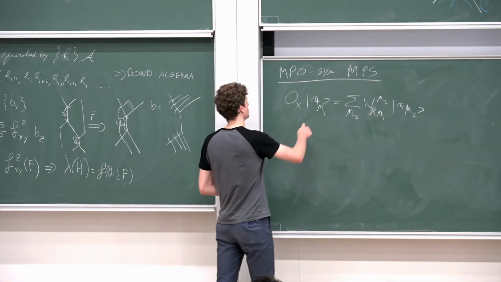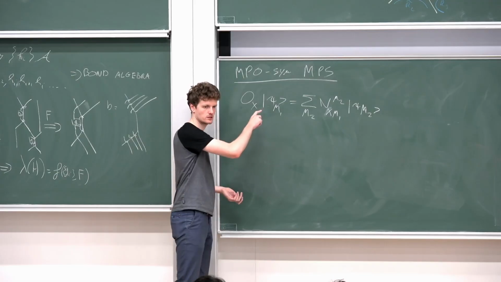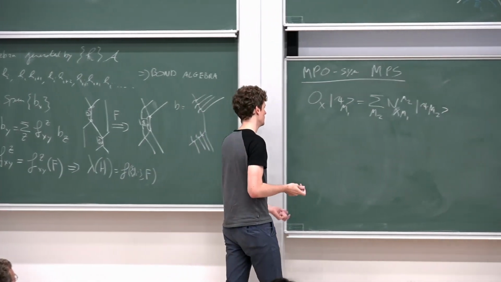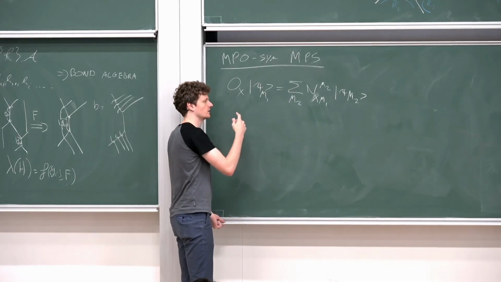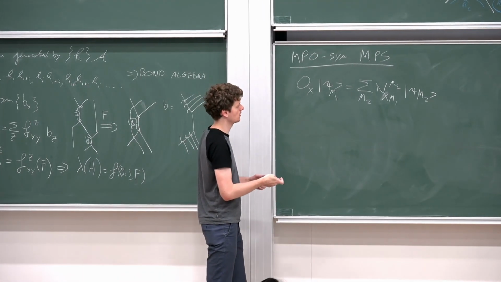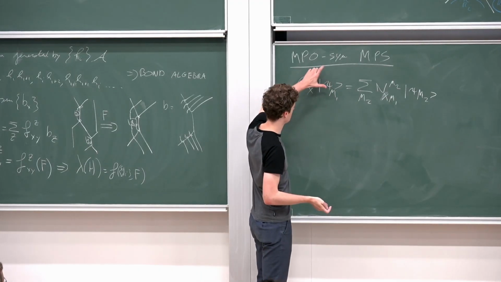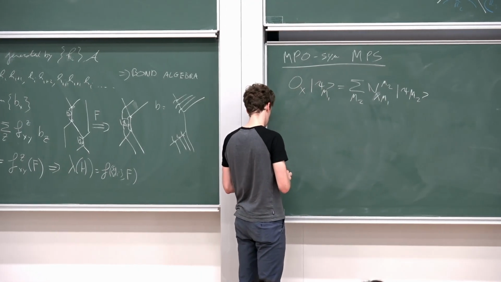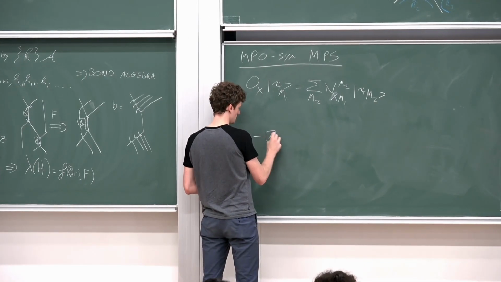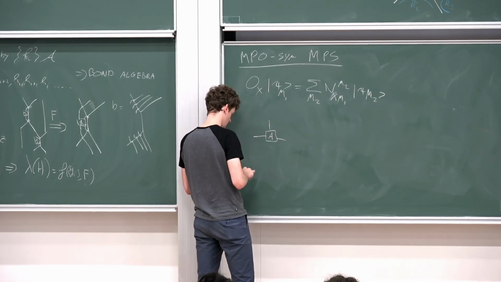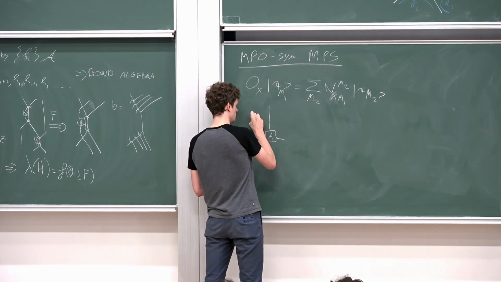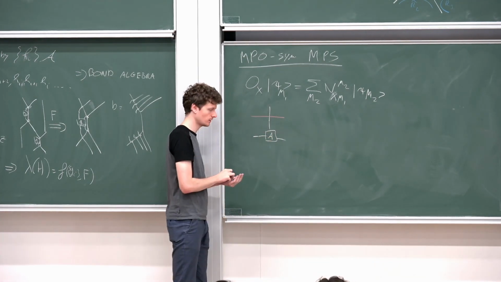Now, if you assume that these things are matrix product states, which you can assume for ground states of a local gapped Hamiltonian, this equation, using the fundamental theorem that we talked about before, allows you to find a local condition that will make this thing true. Explicitly, I will have some tensor A here, which is my matrix product state, and some matrix product operator that acts on this.